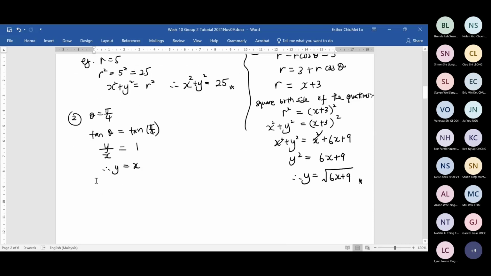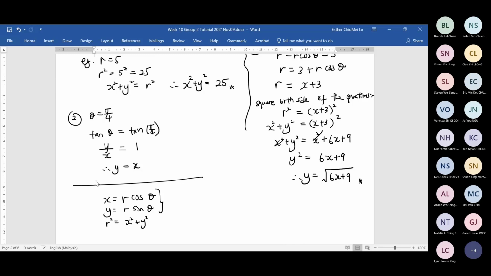You just have to remember that x is equal to r cos theta whenever you transform, whether it's from polar to Cartesian or Cartesian to polar. So y is equal to r sine theta, and r squared equals x squared plus y squared.